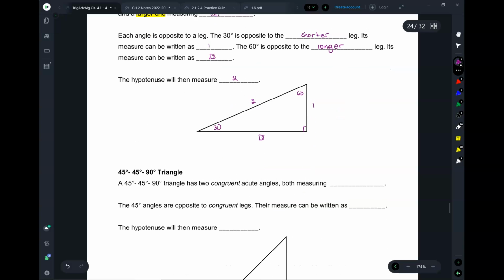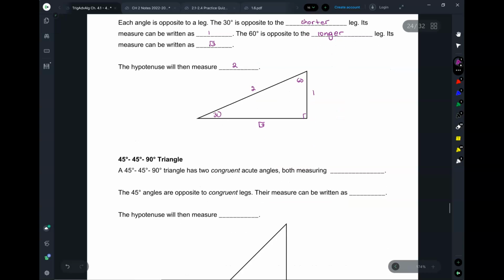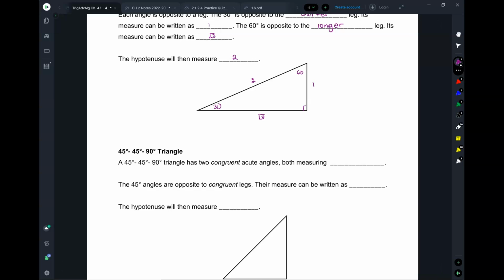Now, in a 45, 45, 90 triangle, this time we don't have a small and a large angle. We have just two congruent acute angles, and they both measure 45 degrees.